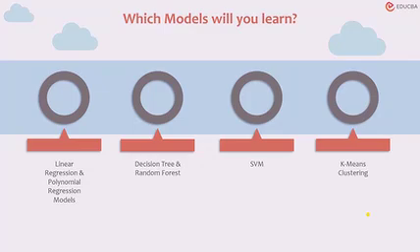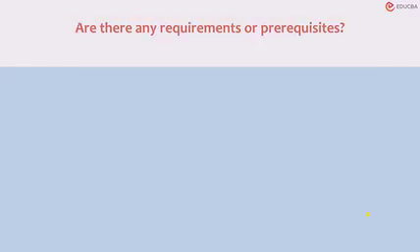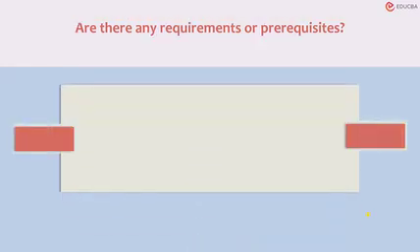Well, now the next question is, are there any requirements or prerequisites? As I mentioned already, the first and foremost prerequisite is that, as a participant, you are aware of the basics of Python programming language. Throughout this learning journey, I'll be making use of Google Colab as a way to write the Python code, so you should have a good internet connection.